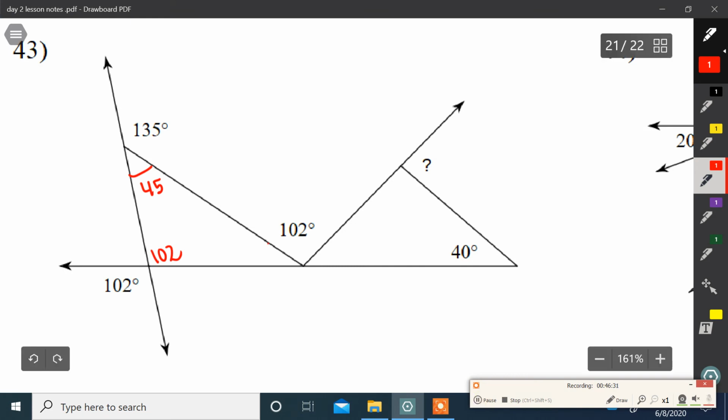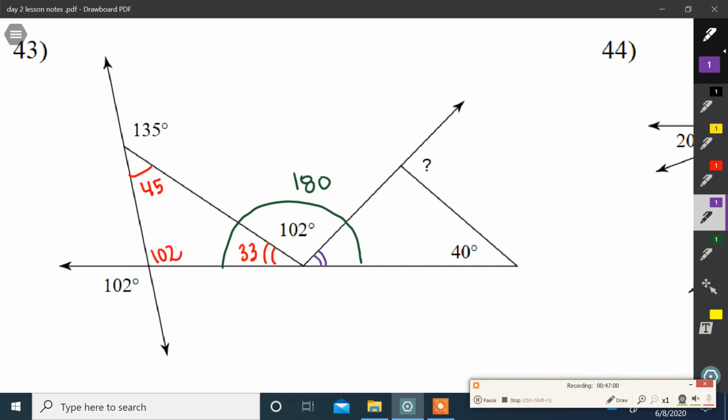Okay, to get this one, I'm going to subtract 180 minus 45 minus 102, so 180 minus 102 minus 45. This right here will be 33. Okay, I know that all of this is 180. So in order to find this guy right here, I need to subtract 180 minus 102 minus 33.